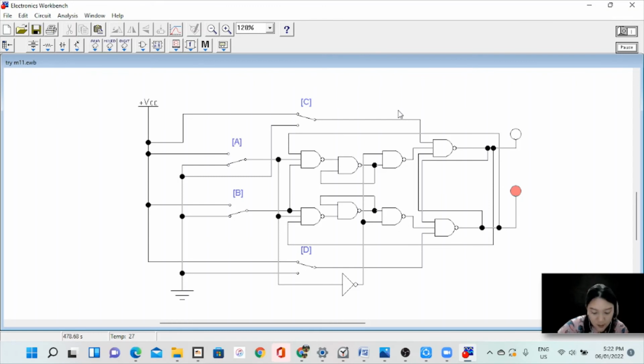If we set the clock to 1 and the T is connected to 0, then it is still on hold if T is equal to 0. However, if the clock is connected to 1 and the T is at 1, then it will toggle.